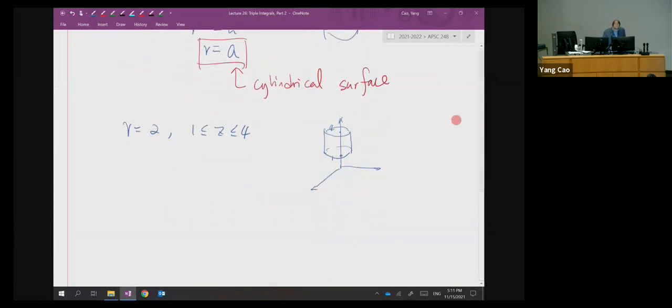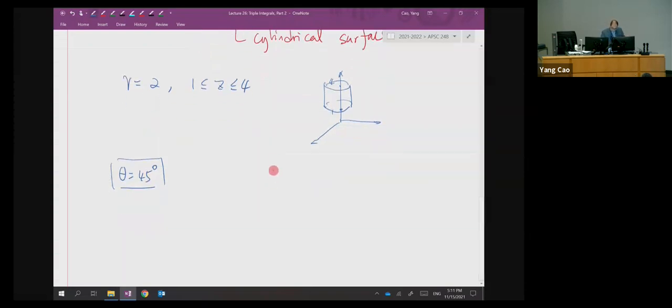Now, there are other situations, for example, let's say theta equal to 45 degrees. Just telling you theta equal to 45 degrees, how would that be reflected in 3D space?